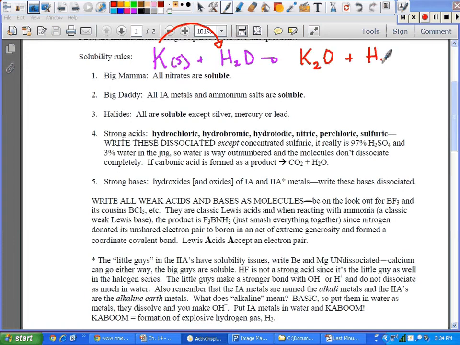Why is it not H plus? Because what does it say? When you mix it, you're going to produce hydrogen gas, which is very explosive. Water is a weird one, okay? Water is a strange one. All right, going back to this, write all weak acids and bases as molecules, such as NH3.